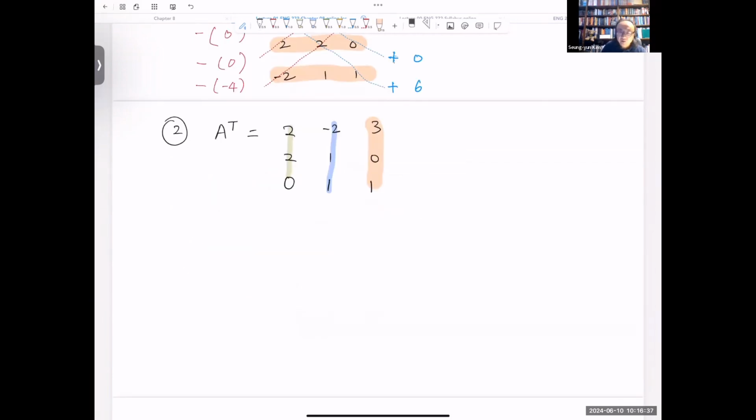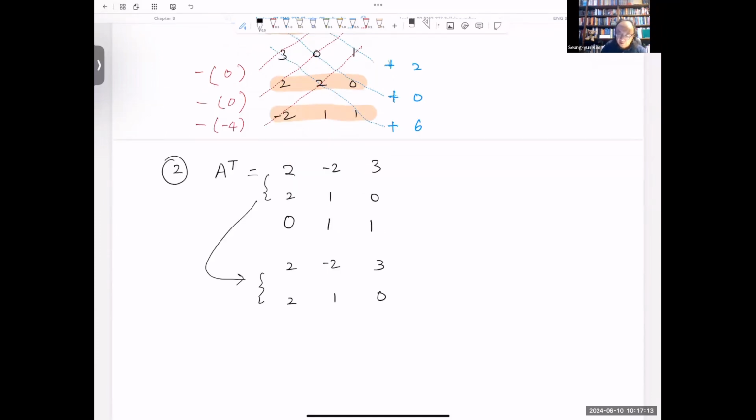Just like what we did for the delta, copy down the first 2 rows: 2, negative 2, 3, 2, 1, 0. And then the first 2 columns to the right: 2, negative 2, 2, 1, 0, 1, 2, negative 2, 2, 1. And then cross out the first row, first column.